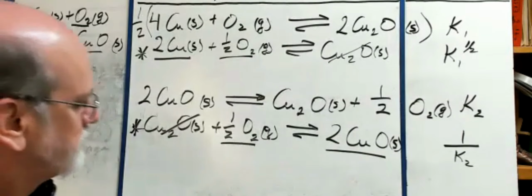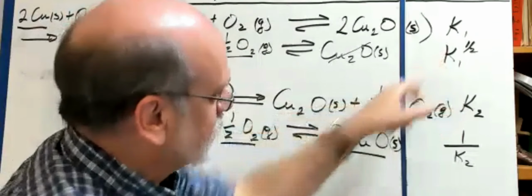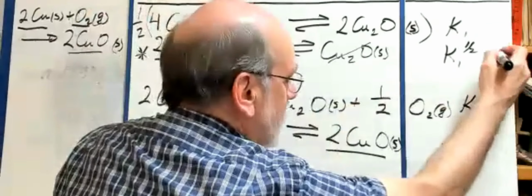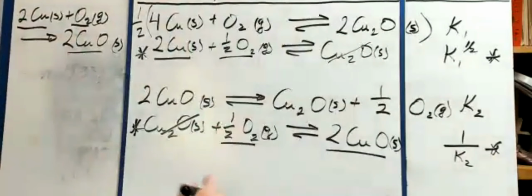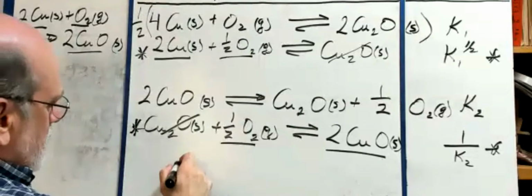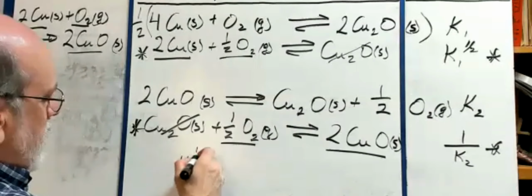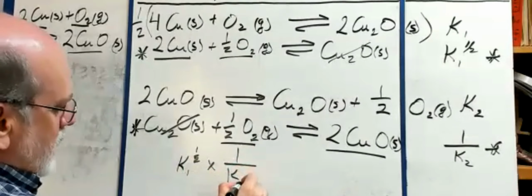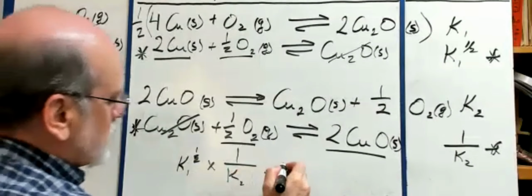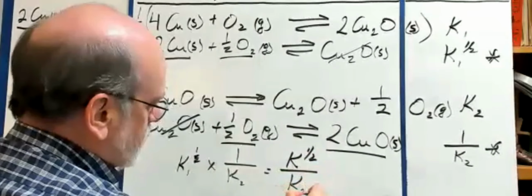Kind of off screen. So now what happens? Well, now you multiply this one, which belongs to that equation, times this one. So the new K is equal to K1 to the 1/2 times 1 over K2, which is equal to K1 to the 1/2 over K2.